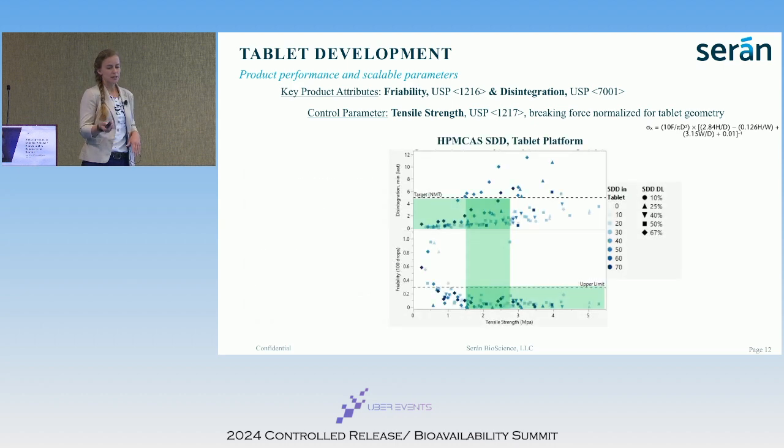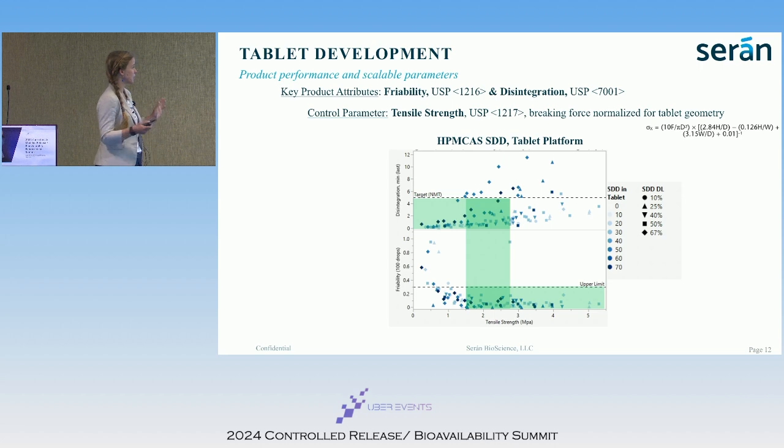When we look at this across a wide variety of different products, different strengths, different SDDs, all within our platform for these HPMCAS SDD tablets, the first thing to point out is that we see very similar trends in disintegration and friability with respect to tensile strength, regardless of the amount of SDD in the tablet or the amount of drug in the SDD.